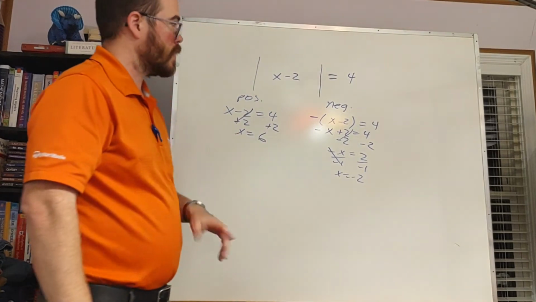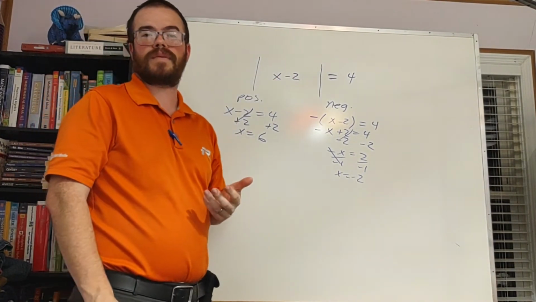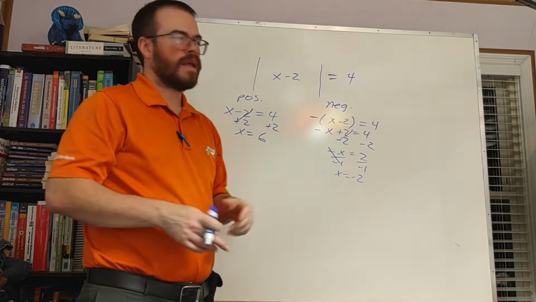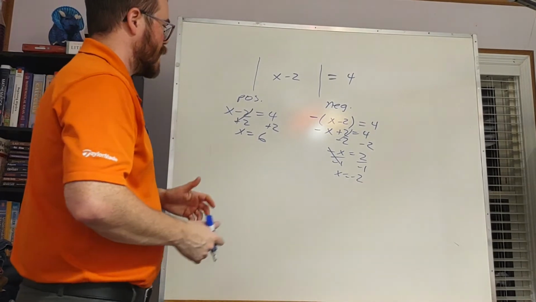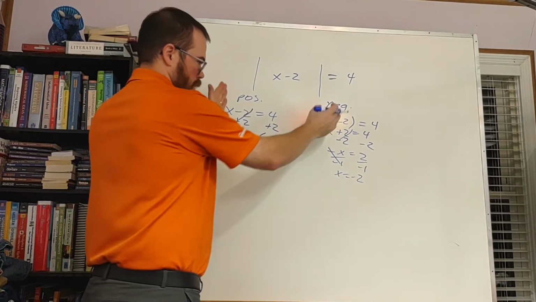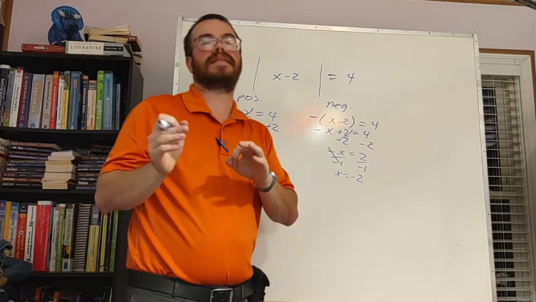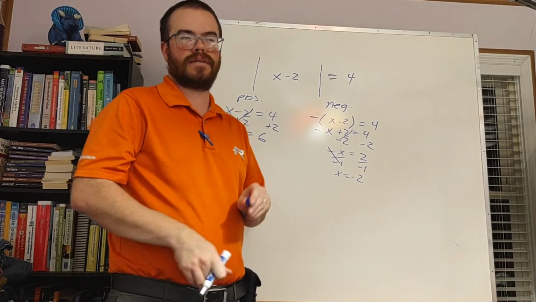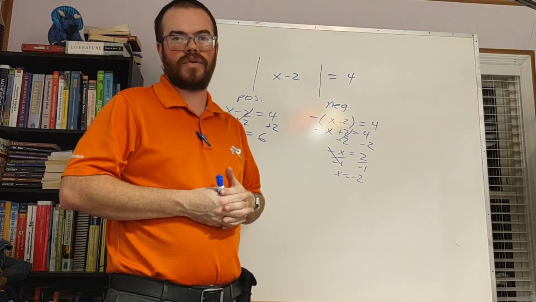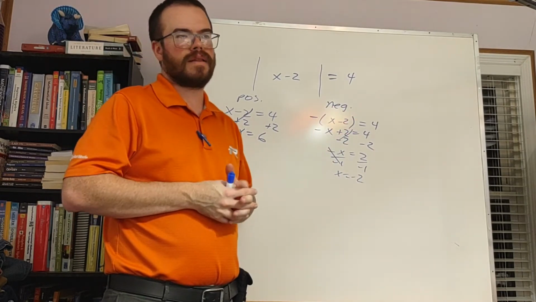Let's try that one. Negative 2 minus 2 is negative 4. If you take the absolute value of negative 4, that gives you positive 4, which works. So we're always going to look for two solutions, but we have to test these. You can't just follow the procedure, get your two numbers, and say, okay, well, testing is optional.